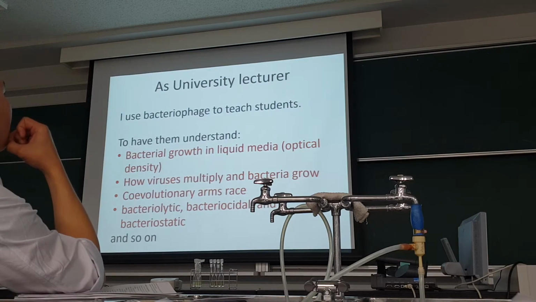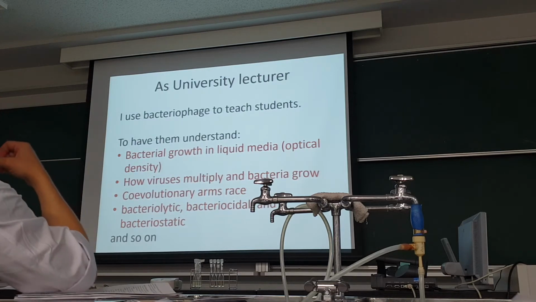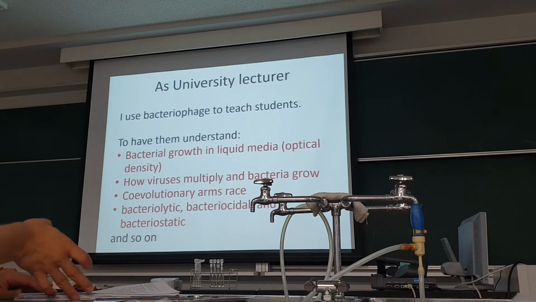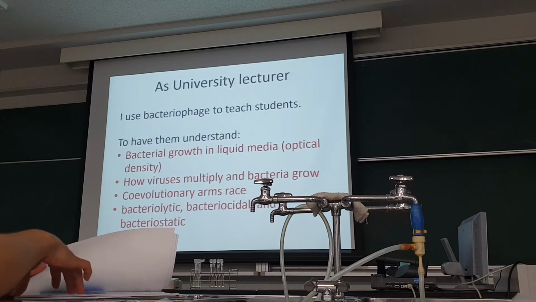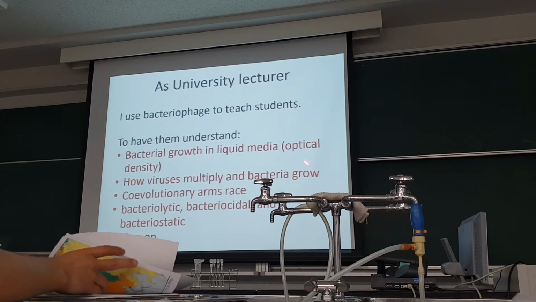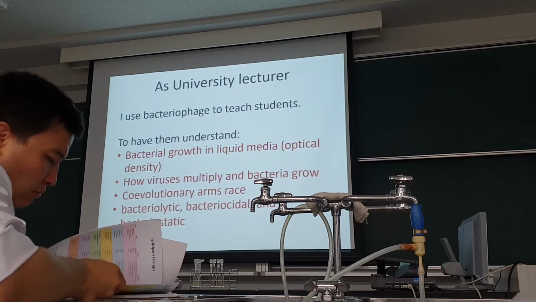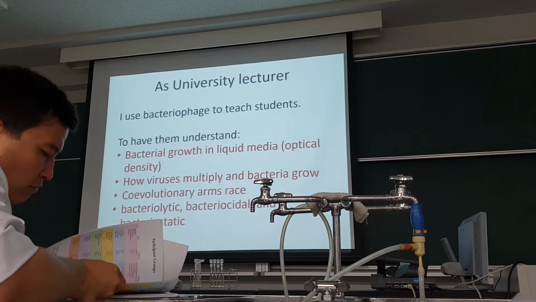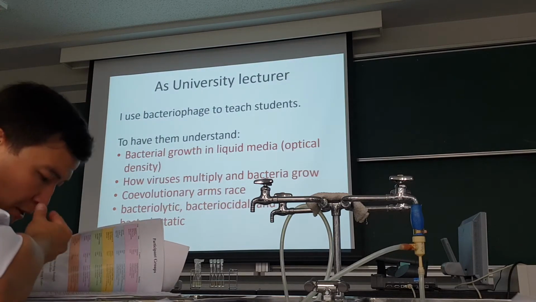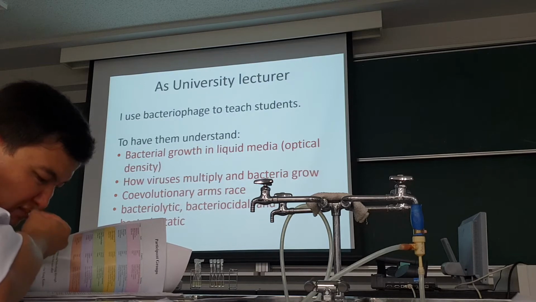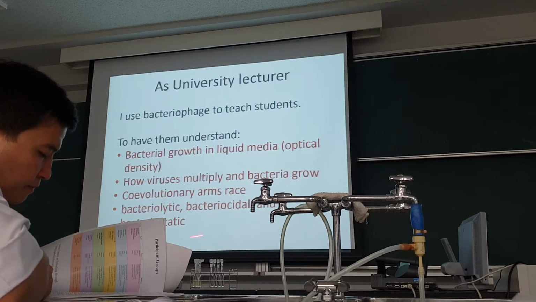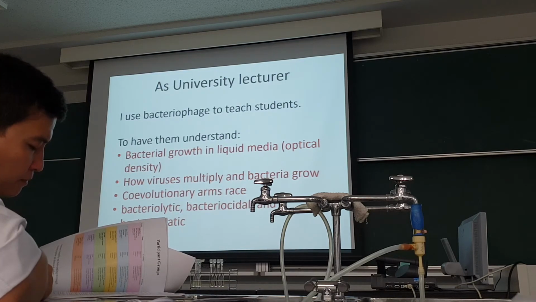And of course you will expect to observe the bacteriolytic activity. So you can teach how viruses multiply and bacteria grow. To extend this practical, you can teach the coevolutionary arms race, and you can teach the students bacteriolytic, bactericidal, and bacteriostatic activity. Okay?